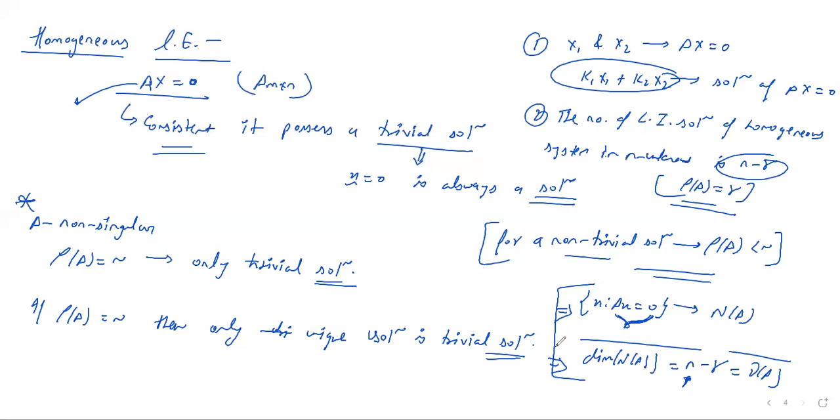Now let's see the nature of solution of this homogeneous system, that is Ax equals 0. Let's say we have a matrix A of size m cross n, and the rank of this matrix A is equal to r.